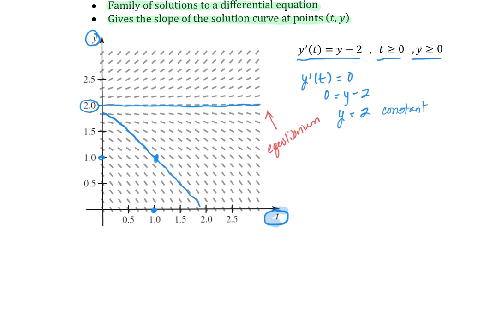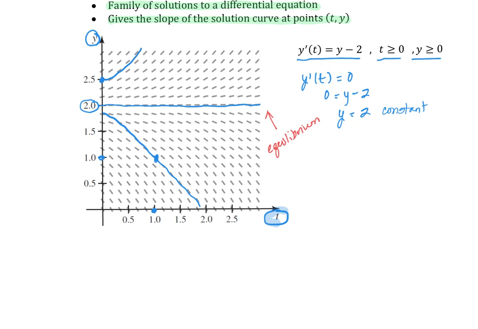Why the equilibrium solution is really important is because when you look on either side of it, all of the solutions will either be going up or down. In the case where the little lines are going up, that means the derivative is positive, and it also means that the corresponding solutions y are increasing functions. If we look at any point above the equilibrium solution, let's just say that we're looking at the solution curve where y is 2.5 and t is 0, the solution goes up.